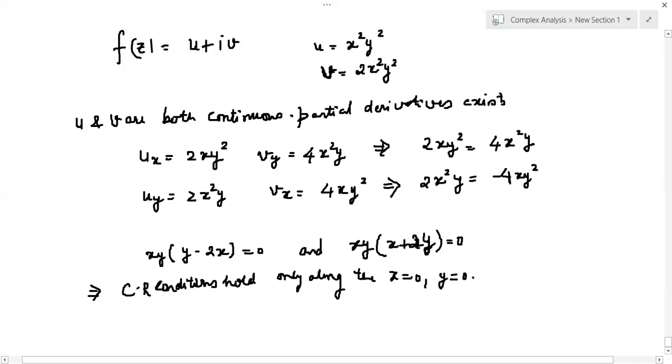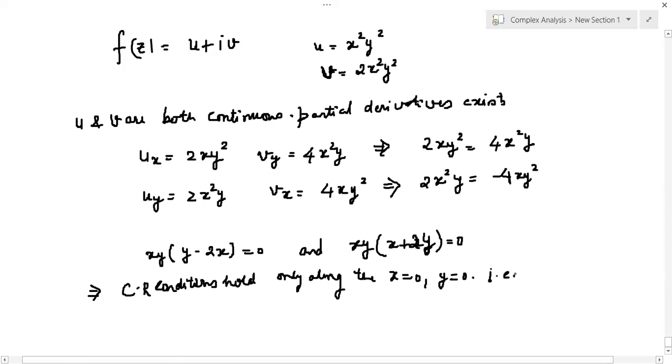Otherwise, it will not be both 0 together. So here the condition for being together is y equal to 2x, but here the condition is x equal to minus 2y. And so you can find on your own that the Cauchy-Riemann conditions will hold only along x equal to 0 or y equal to 0.